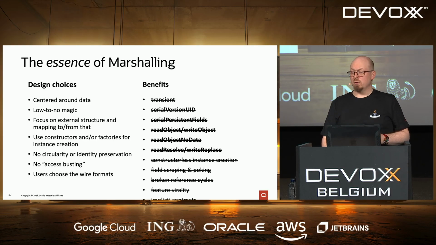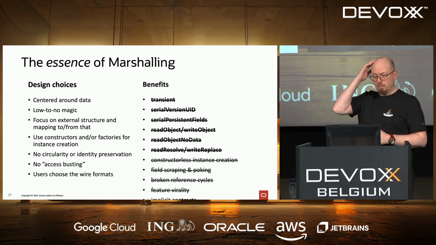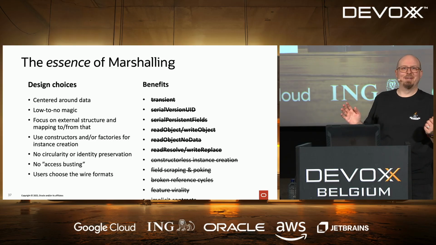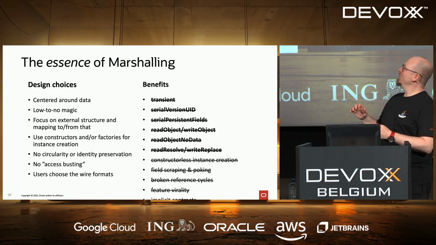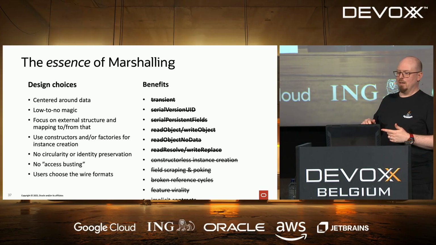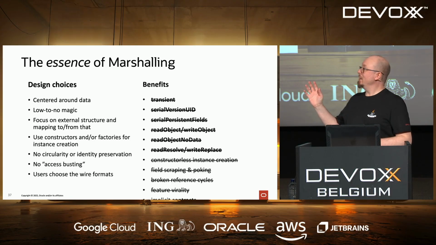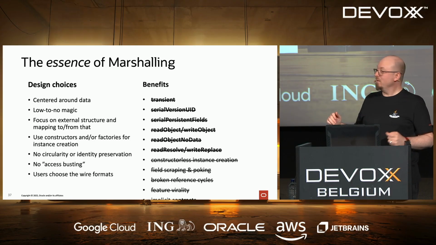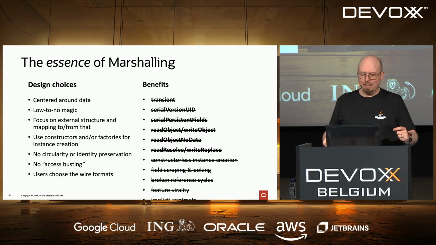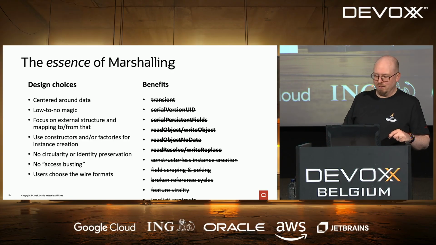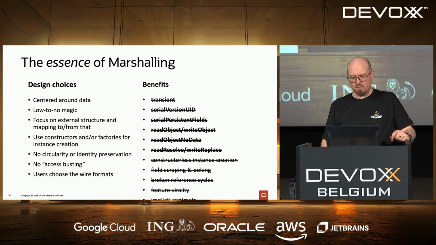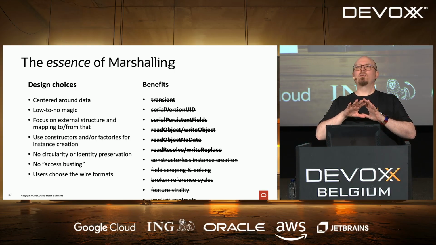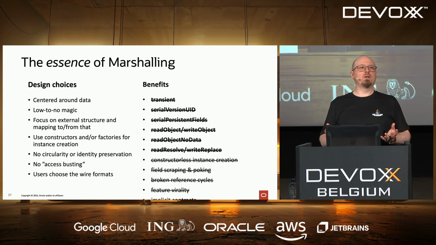And of course, the benefits that we get here, hopefully, in the future: we don't need transient anymore. There's no serial version UID. The list is so long that I couldn't even fit it on the slide, and I didn't want to make the font super small. There's lots of potential benefits here by just redefining what the feature is.